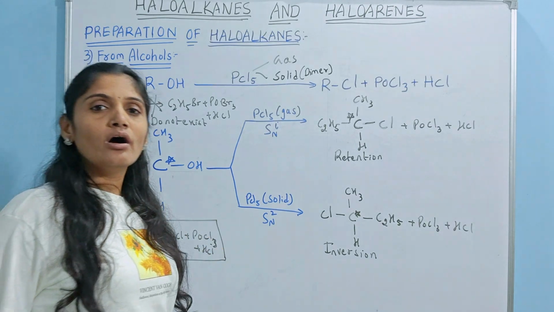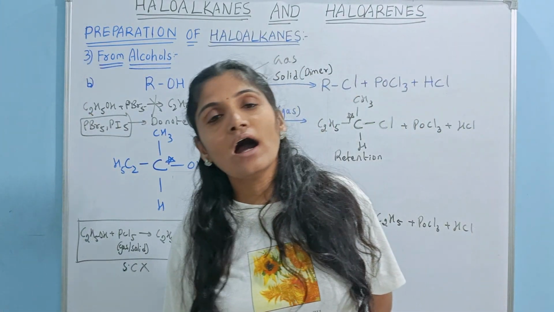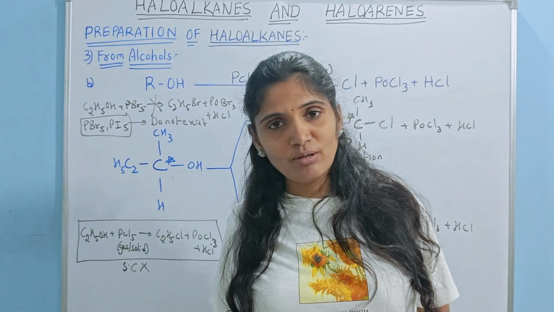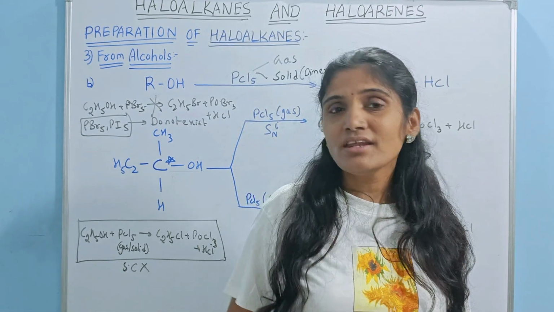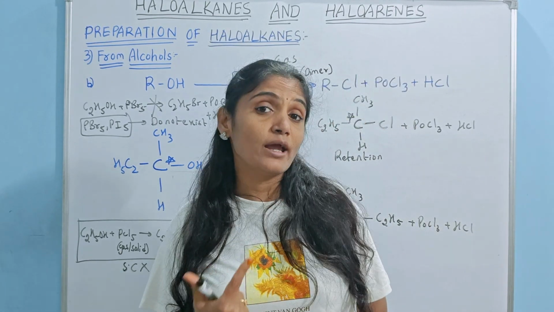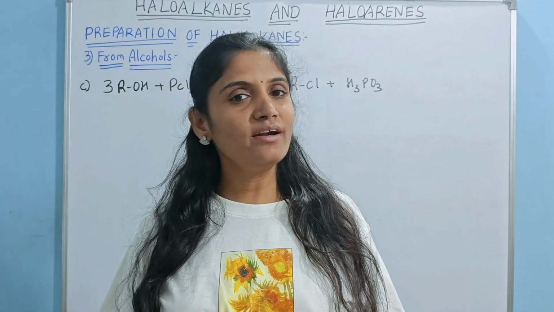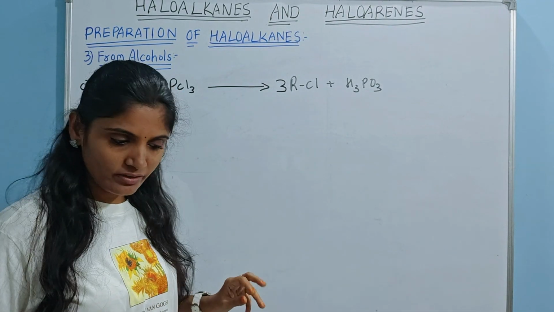Now let us do the reaction of alcohols with PCl3, forming RCl. Till now we have done PCl5, phosphorus pentachloride. Now let us see the preparation of haloalkanes from alcohol using PCl3, phosphorus trichloride.